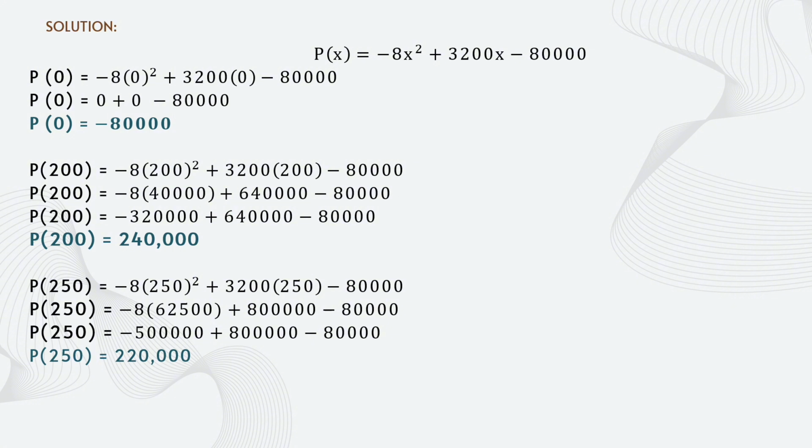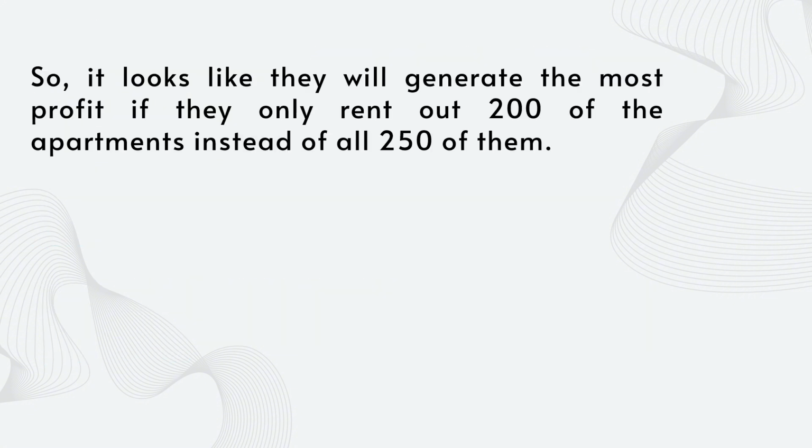So if our x is equal to 250, then P(250) is equal to $220,000. So it looks like they will generate the most profit if they only rent out 200 of the apartments instead of all 250 of them.